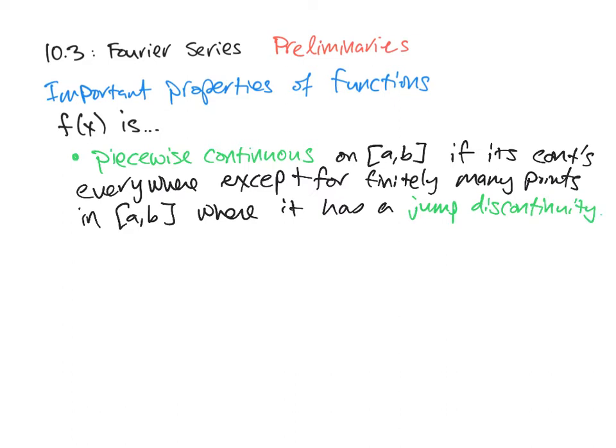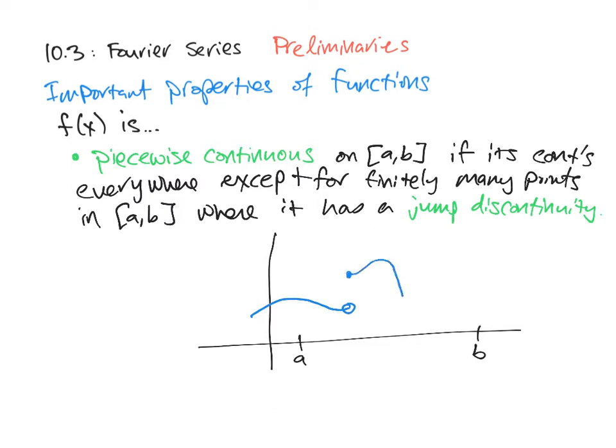So let's draw an example of that. We have some axis from a to b, so we're only looking in there, and our function is nice and smooth until it hits a certain point, and then maybe it jumps, and then it's smooth again, or at least continuous, and then it jumps again.